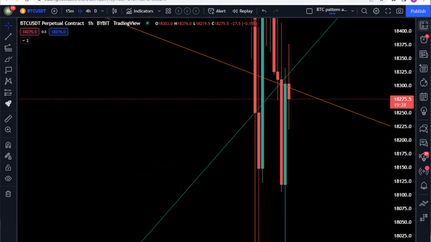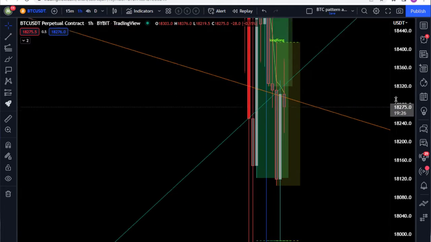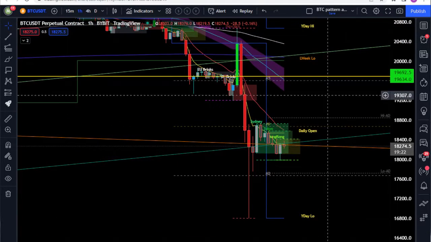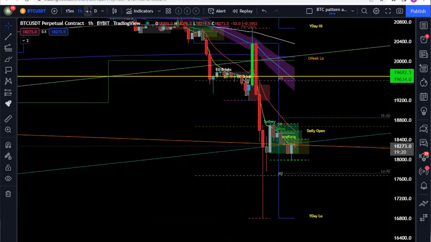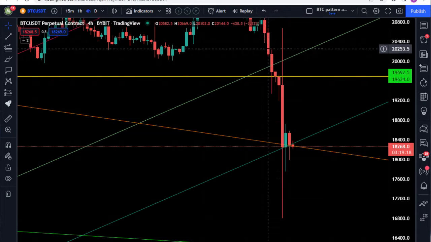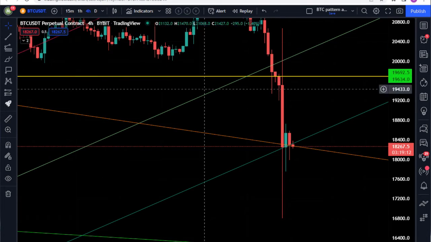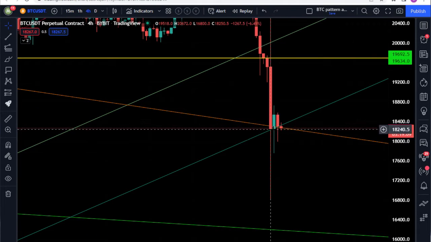On the other chart, I want to show you my Fib channels and what has happened. My Fibonacci channels on the 4-hourly, we came down very impulsively and we bounced off.